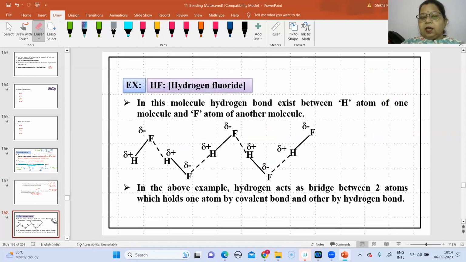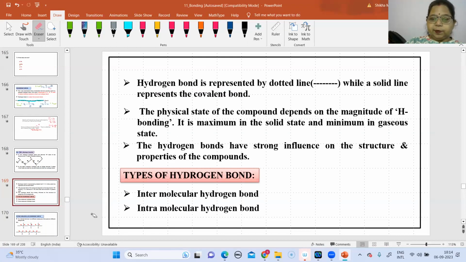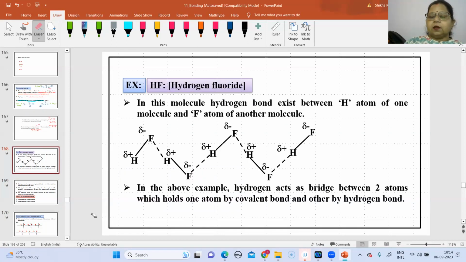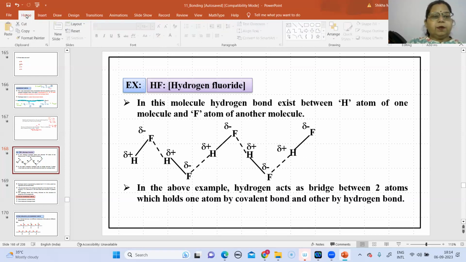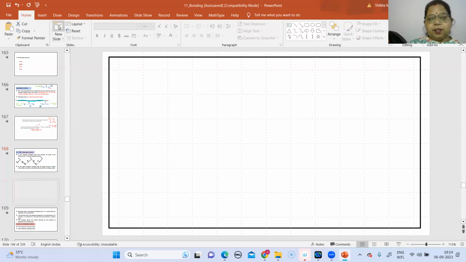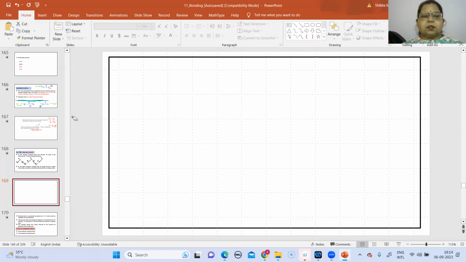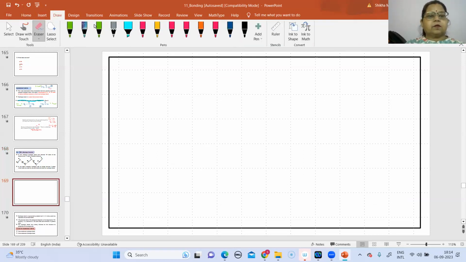Let's see how hydrogen bonds are formed. The first example, we will be taking up 3 examples. We will be talking about HF, water, and ammonia. This is what HF looks like. In a simpler way, we can draw HF like this. This is one molecule of HF.